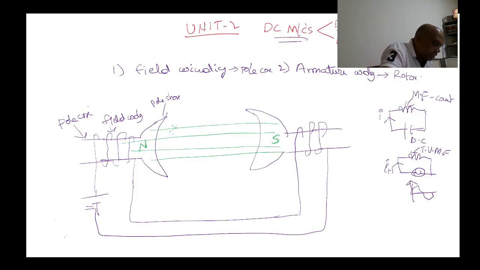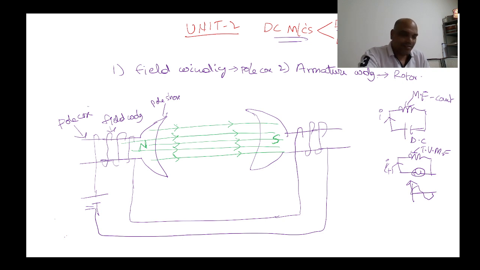These are the flux lines direction, passing from north pole to south pole. So up to here, we have discussed the field winding.